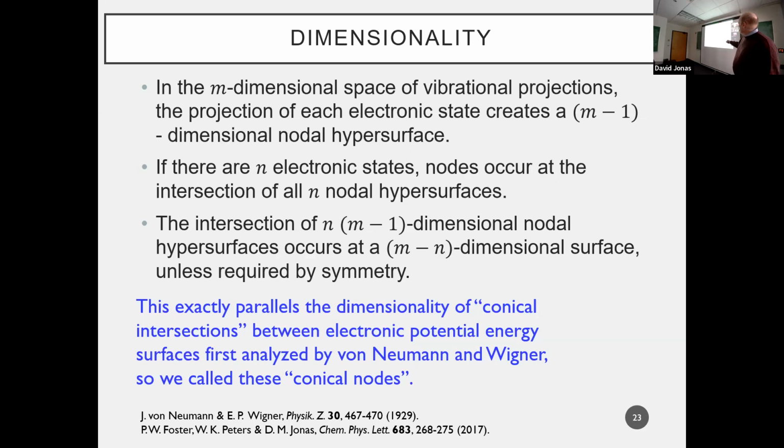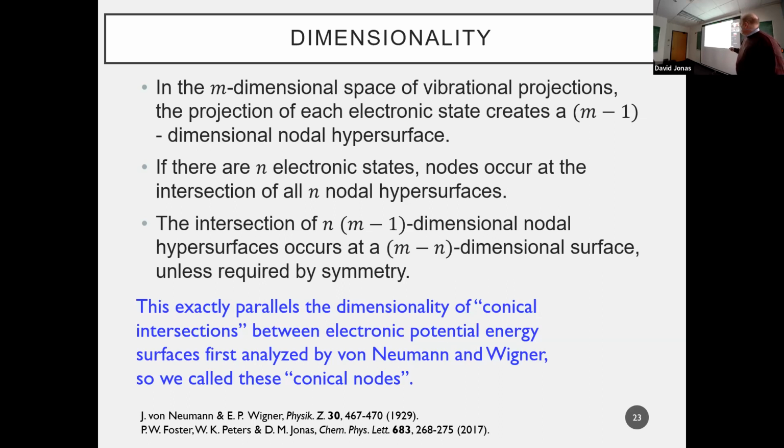And so the intersection of these n nodal hypersurfaces, that are each m-1 dimensional, occurs at an m-n dimensional surface, unless there's something requiring by symmetry that some of these surfaces align. All right.